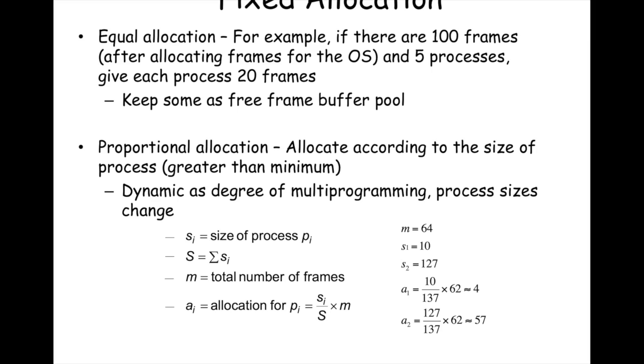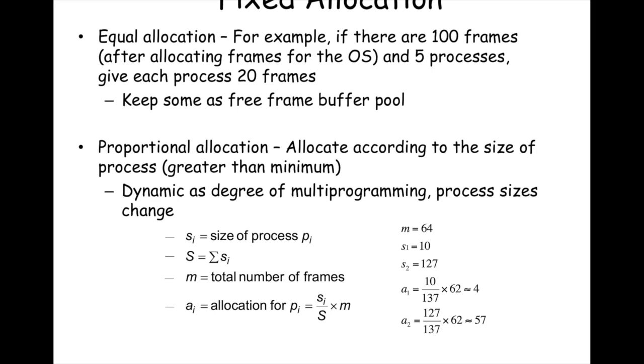Then each process gets an equal share of the number of available frames left in the system after the operating system gets its portion first. That would mean each of the 5 gets 20 frames. You divide that 100 up by the number of processes. Or you could also keep some of these frames free as a buffer pool, so that when some process needs frames, you're not introducing page faults.